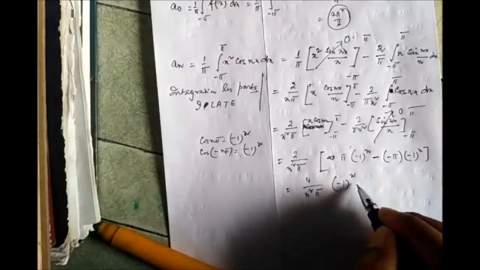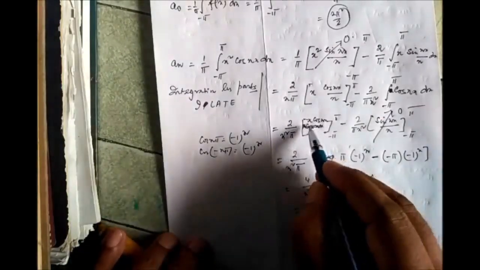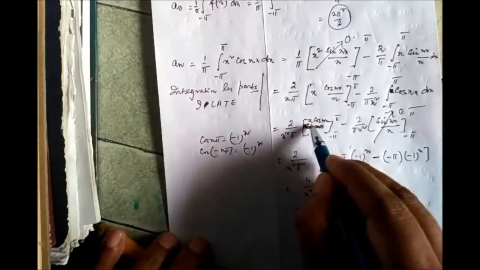So 4 by n square into pi into minus 1 to the power n here, and some pi's here will cancel out each other, giving 4 by n square minus 1 to the power n, right? So this is x cos nx. Now put the values and we get 4 by n square.